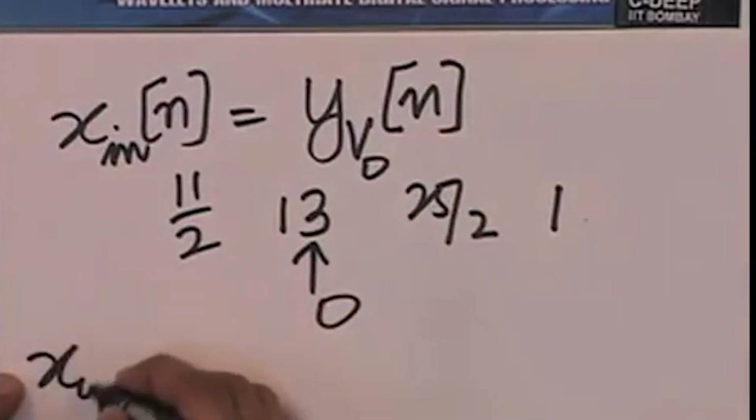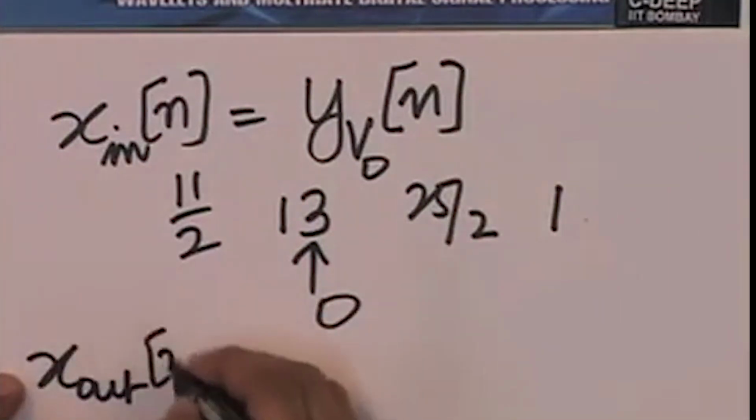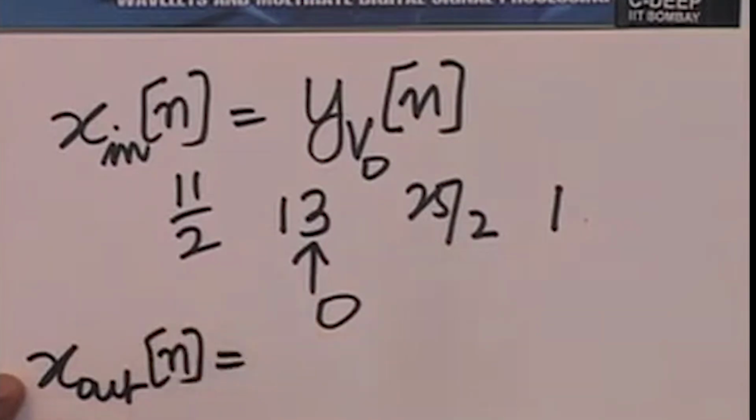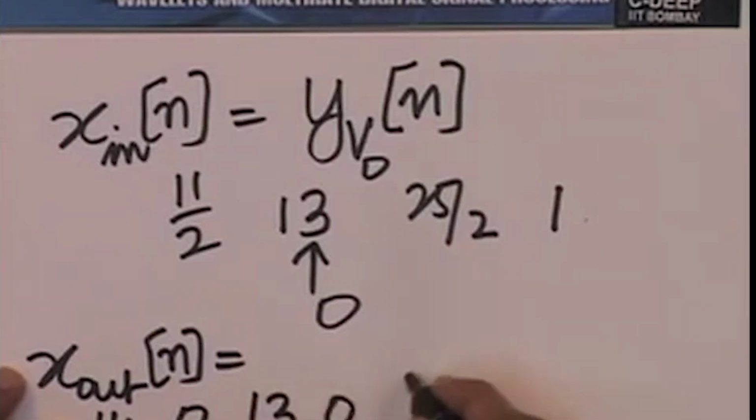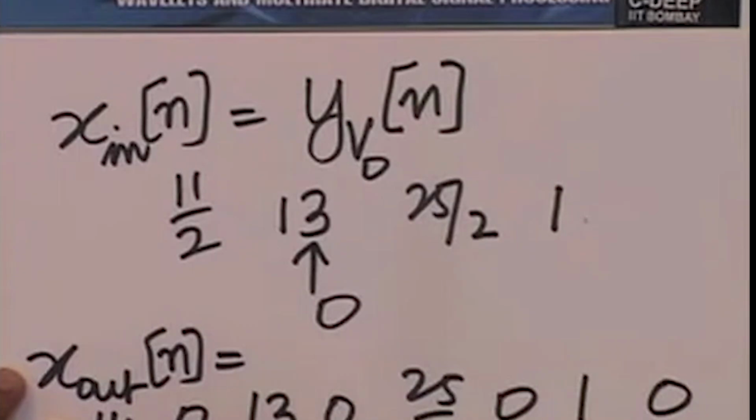What will x out n look like after upsampling by a factor of 2? Firstly, it will have 8 locations. So, it will be 11 by 2, then 0, 13 and then 0, 25 by 2 and 0 and 1 and 0, and 13 would of course come back to 0. So, this is how the up 2 sequence looks for the sequence yv0.